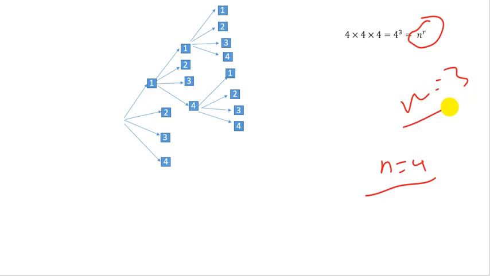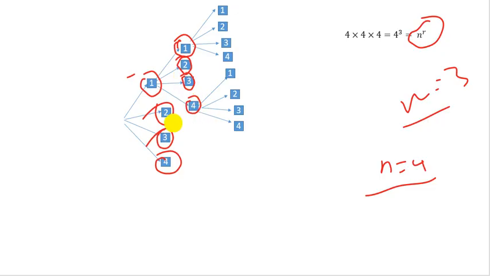I want a pin code with 3 numbers. So my first number can be 1, can be 2, can be 3, can be 4. Now the second number: if the first is 1, the second can be 1, can be 2, can be 3, can be 4.